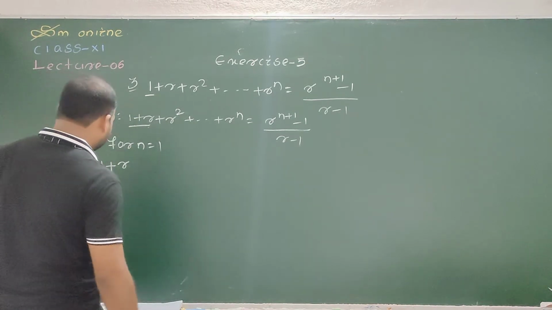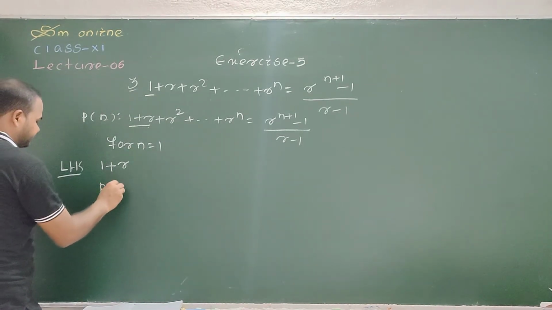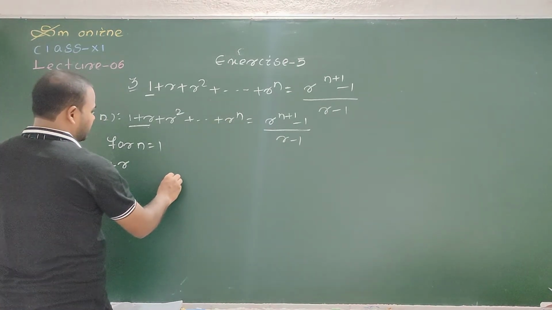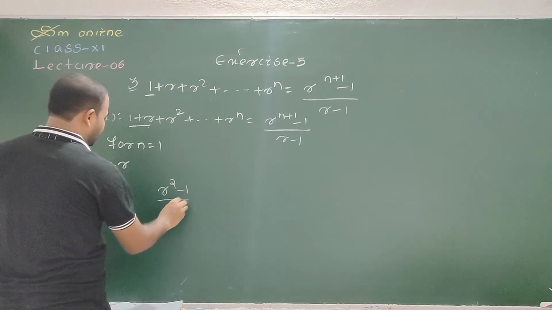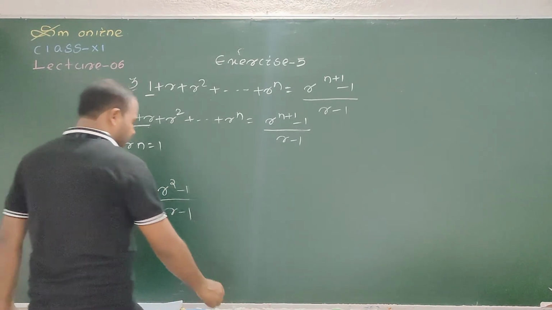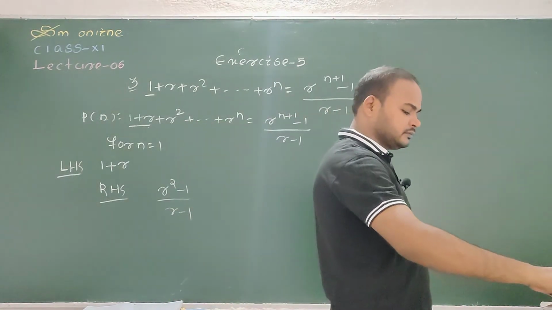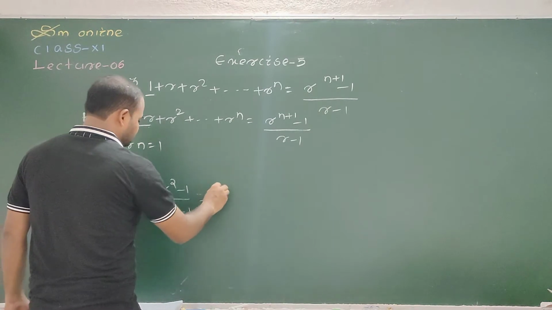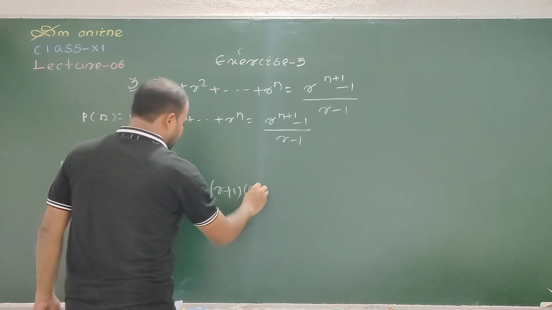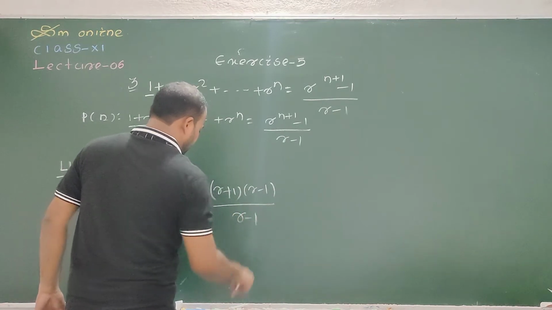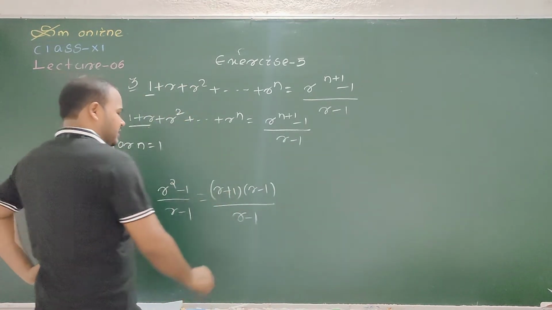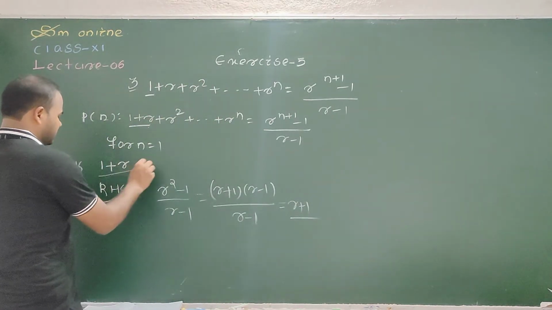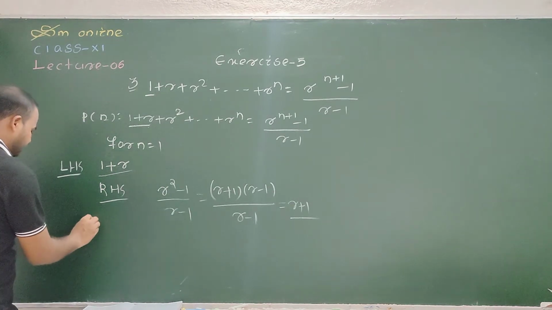Now RHS: this is r to the power 1 plus 1, this is 2, minus 1 upon r minus 1, and this is r plus 1 into r minus 1 upon r minus 1, and r minus 1 cancels and we get r plus 1. So LHS equal to RHS. So P1 is true.